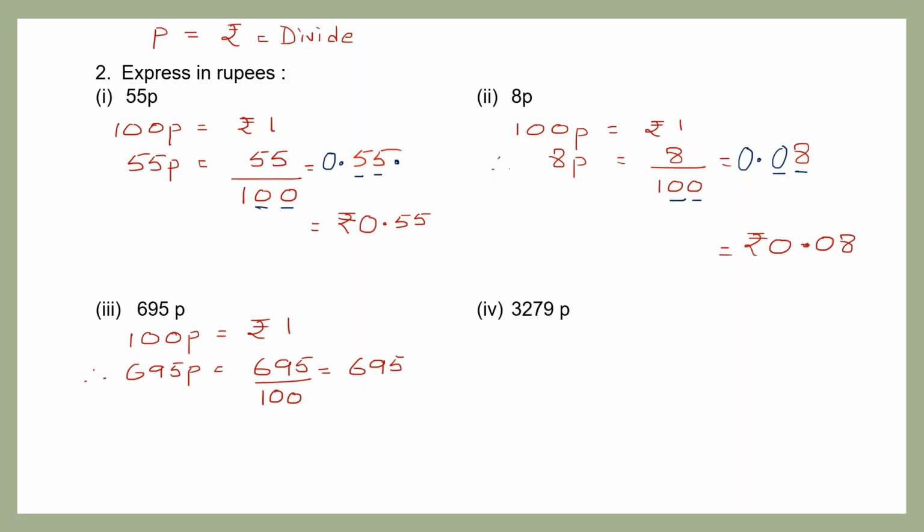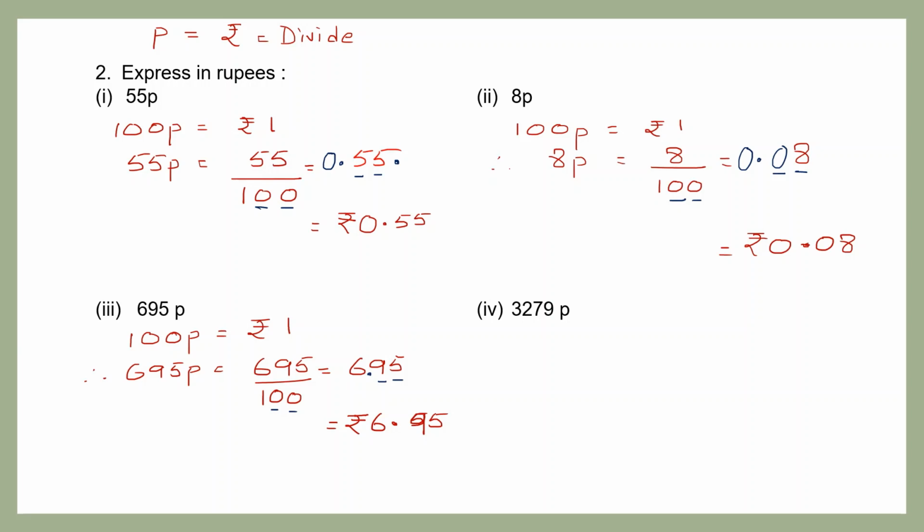Look at my denominator which has 2 zeros. Move my point 2 places to the left and my point comes here. So what is my final answer? 6.95, and I have converted this to rupee. So I've converted question 3, which is 695 paise, to 6 rupees 95 paise.